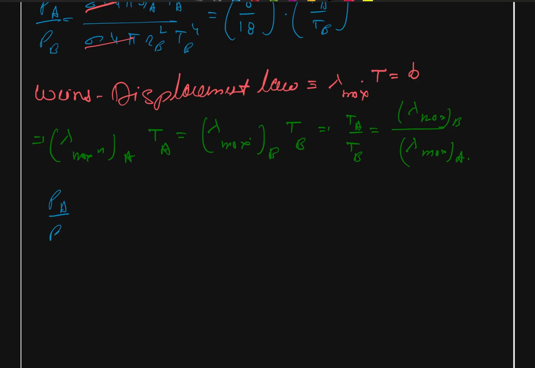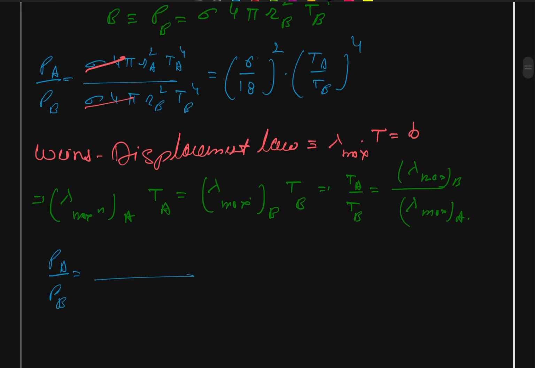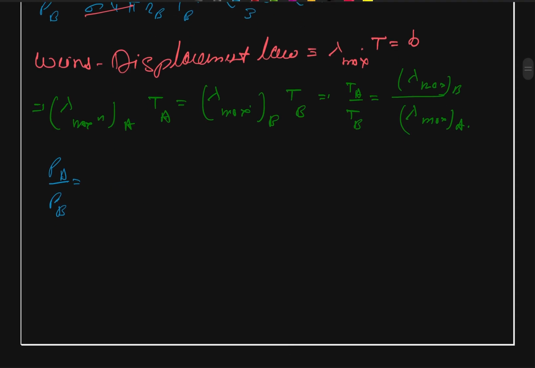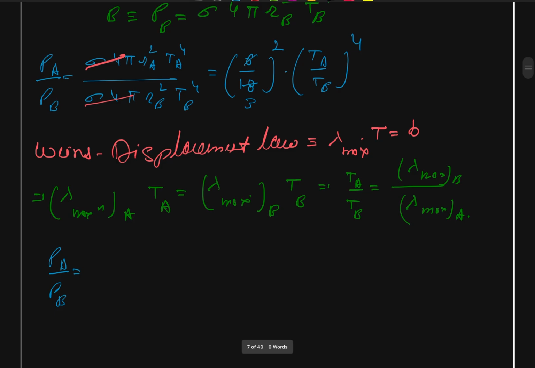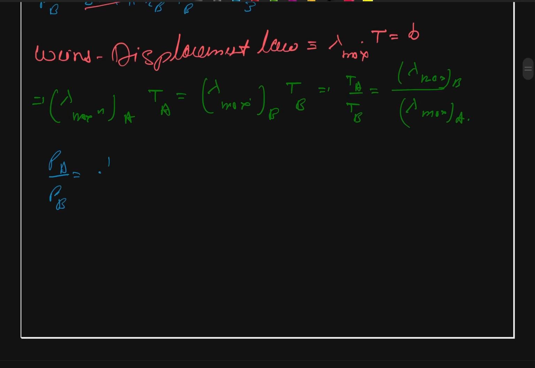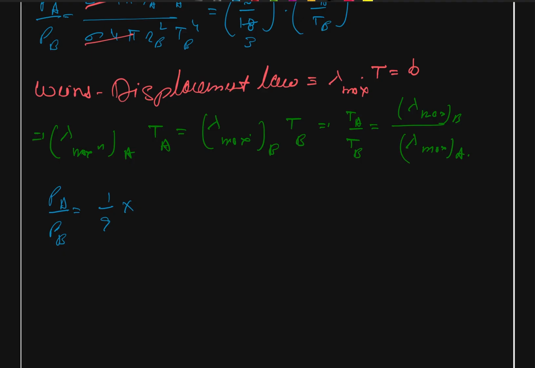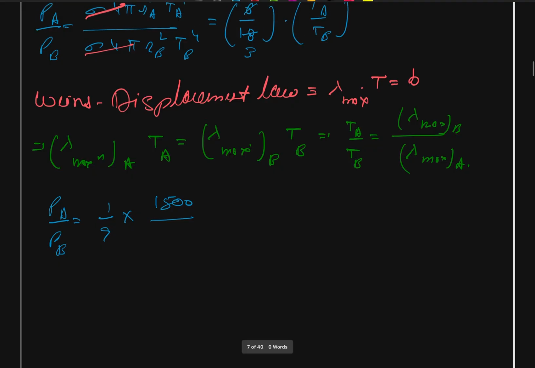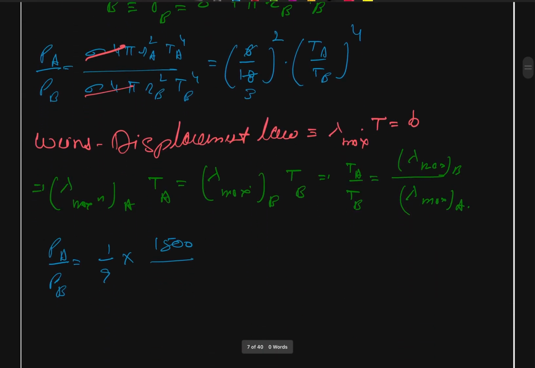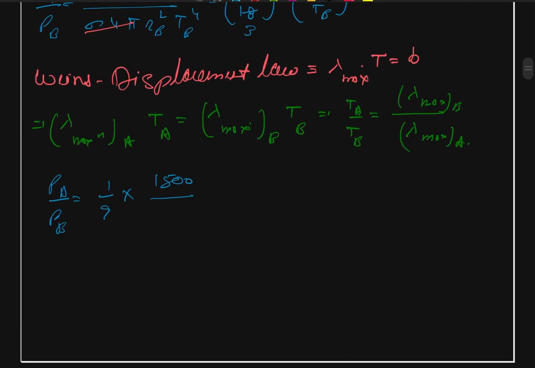We substitute them. We get that P_A upon P_B will be equal to 1 upon 9, since 6 upon 18 is 1 upon 3, multiplied by lambda max of B, which is 1500, upon lambda max of A, which is 500, both in nanometer. There is no need to convert because it is only a ratio.